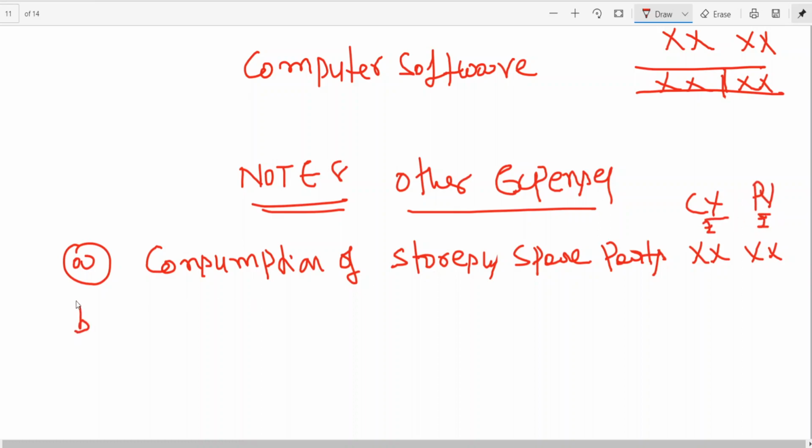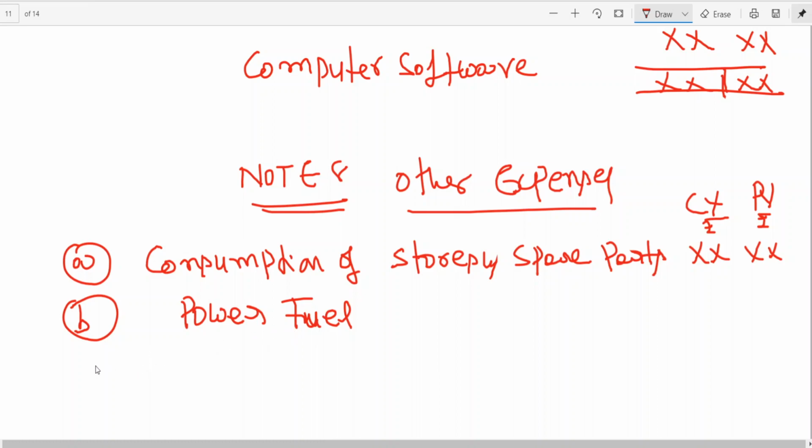Stores and spare parts means what you will be using in manufacturing activity. Power and fuel, this also generally we take as a manufacturing expense. As I told you, in corporate accounting, no distinction between manufacturing, trading, etc. Only you prepare statement of P and L, it includes everything.